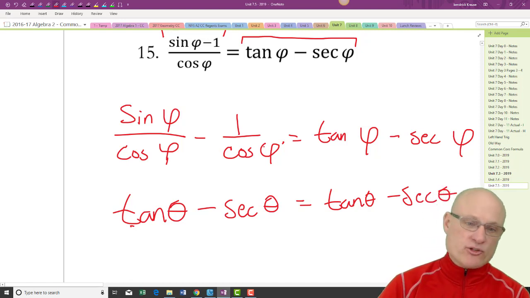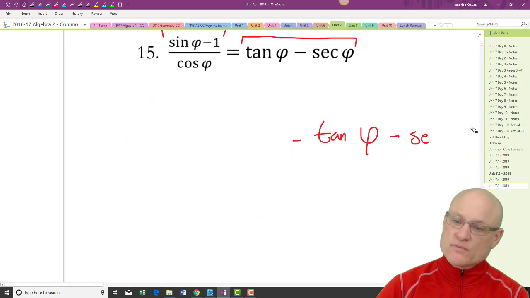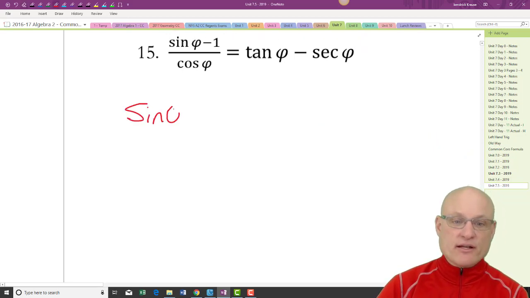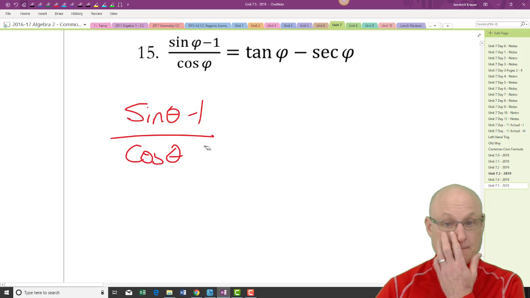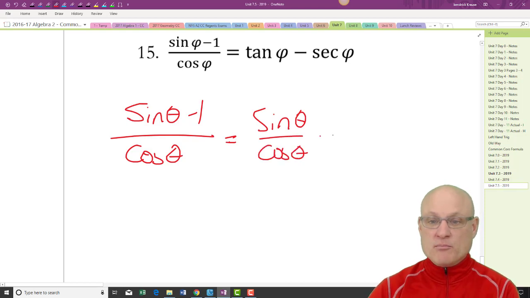Now, you may have chosen to do it a different way. You might have said, you know what? I don't mind fractions. I actually embrace fractions. So I'm going to leave that as sine of theta minus 1 over cosine of theta. And then we're going to look at this side. Well, this is sine theta over cosine theta minus 1 over cosine theta.